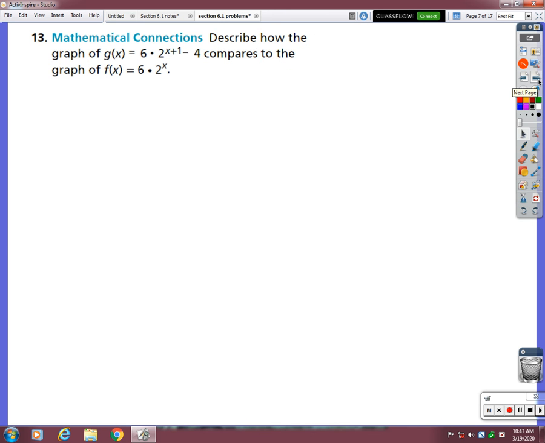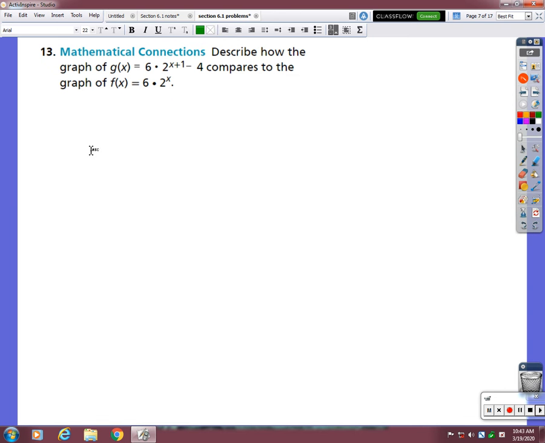Okay, number 13, describe how the graph of that compares to the graph of that. All right, so we got two things going this time. The first thing is that the graph of g of x is shifted 1 unit to the left.